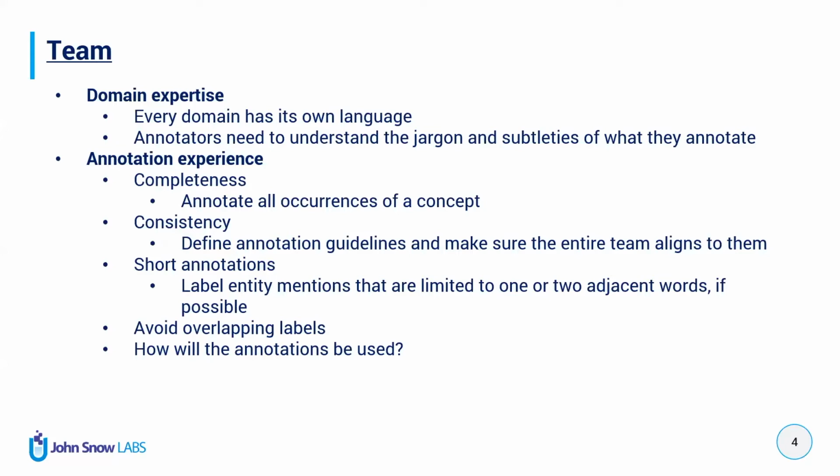Then what we have noticed in our previous projects is that short annotations are most relevant, and thus the labeled data should be limited to one or two or a minimum number of adjacent words if possible. We should then avoid overlapping labels and so on.